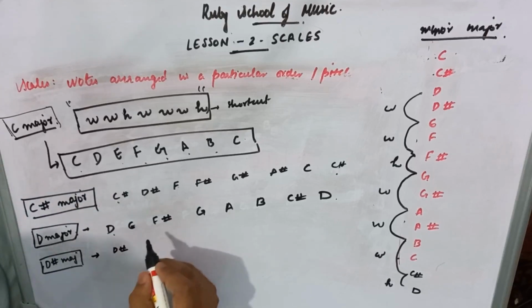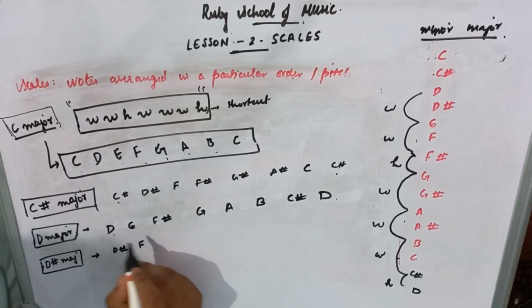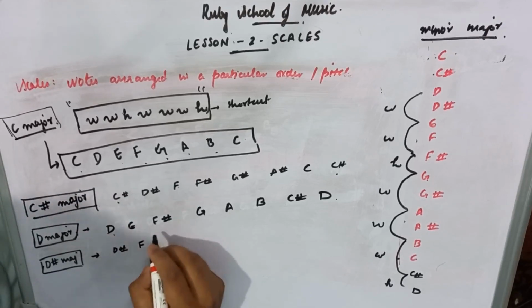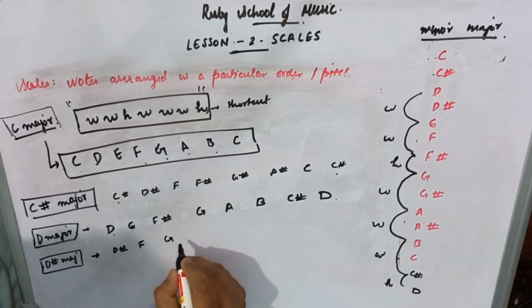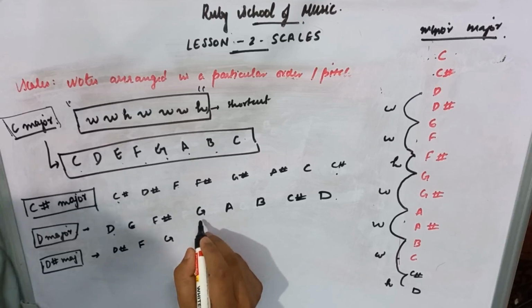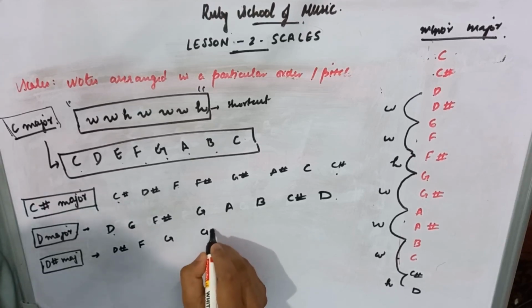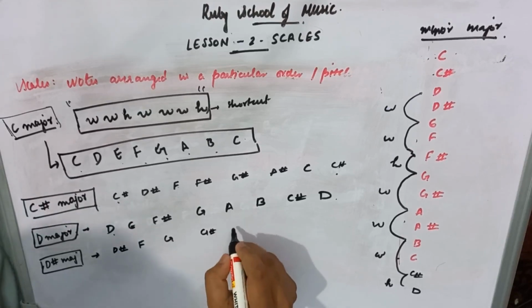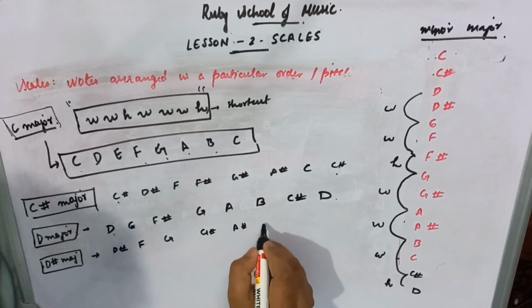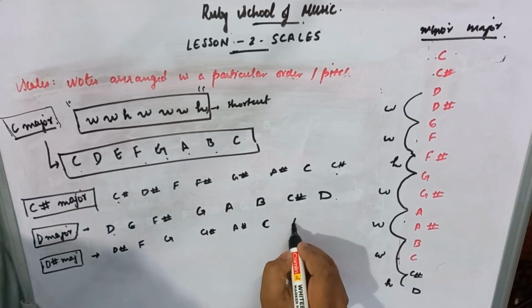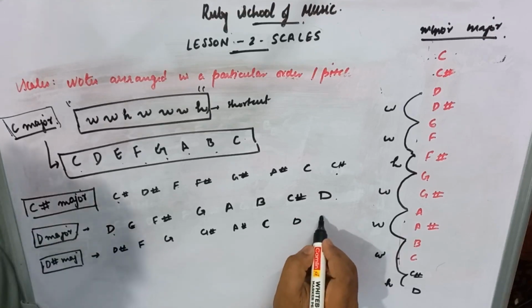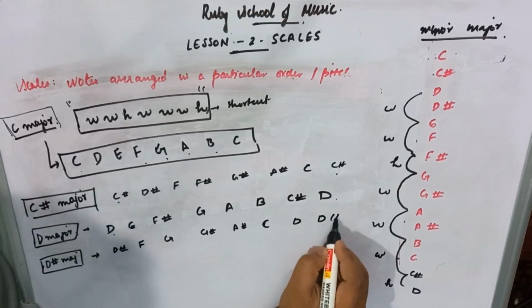And for E, what is the next note? It is F. There is no E sharp, so you have to write F. What is the note for F sharp? That is G. And what is the note for G? That will be G sharp. Then for A, that will be A sharp. For B, there is no B sharp, so it will be C. Now for C sharp, there will be D, and for D, there will be D sharp.